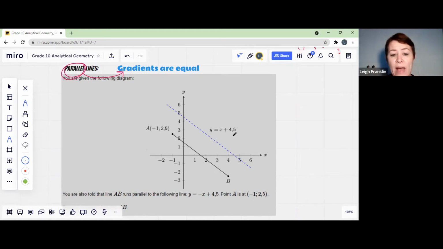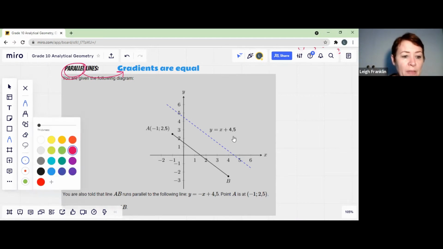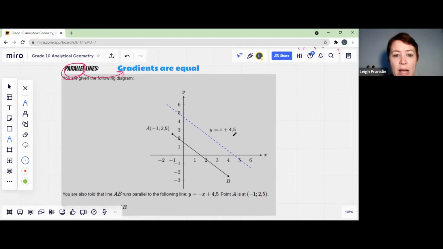Okay, so if we have a look at this example over here, we've been told that the blue dashed line takes the form y equals minus x plus 4.5. What value is the gradient of the blue line? Which number here tells me the gradient of the blue line?